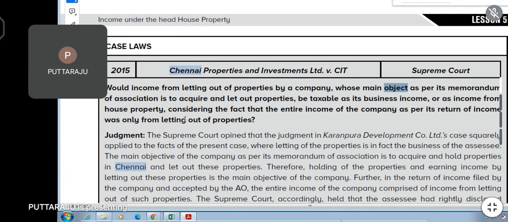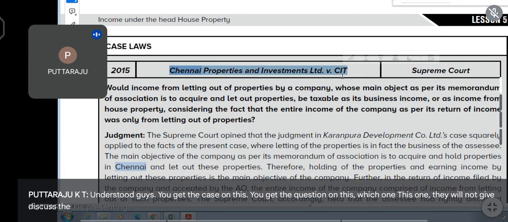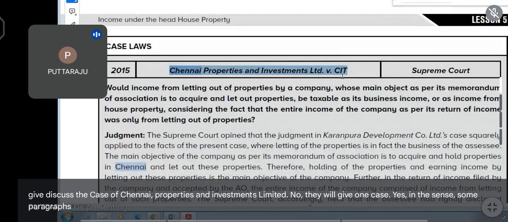Understood, guys? You may get a question on this. They will not discuss the case of Chennai Properties and Investments Limited by name. They will give one case, some paragraphs of a problem.